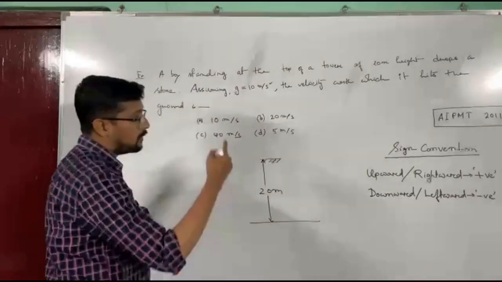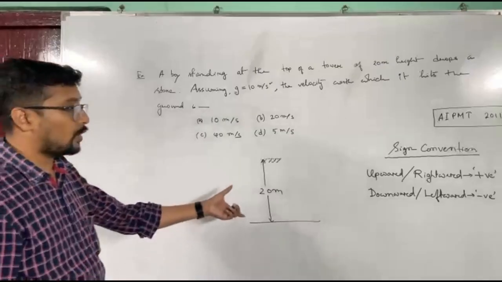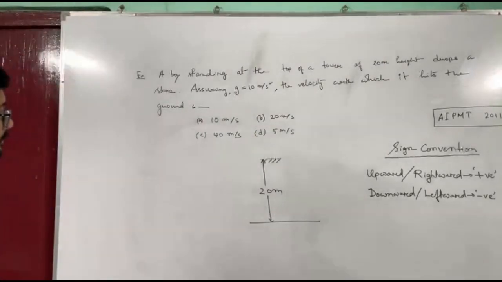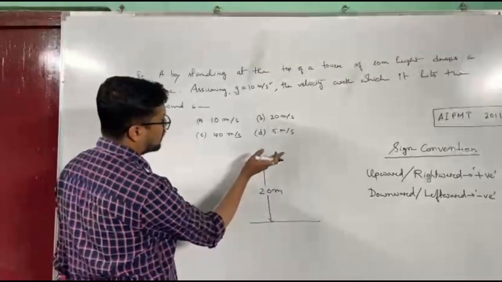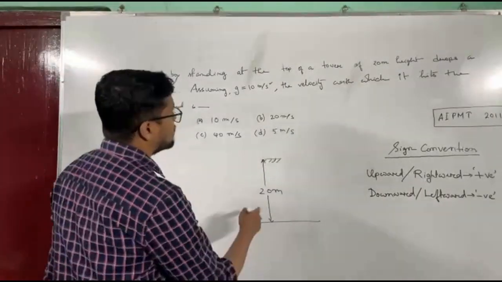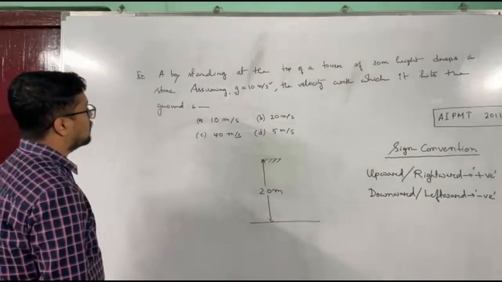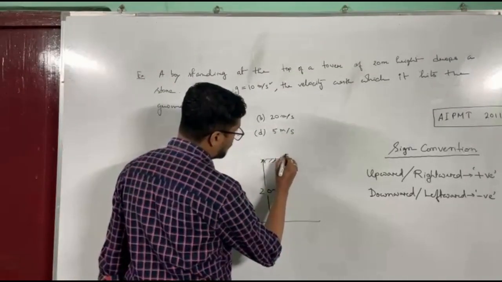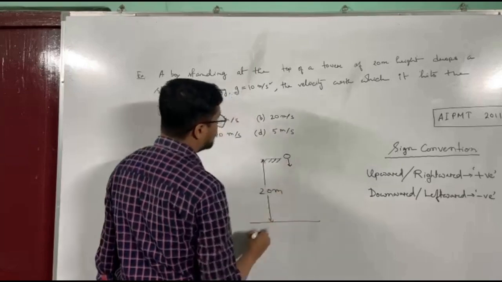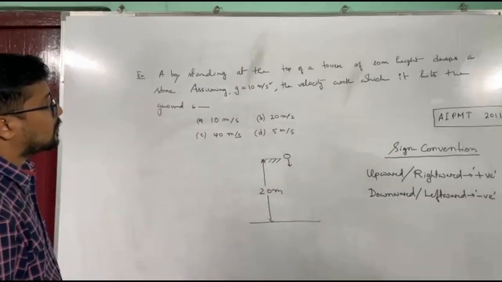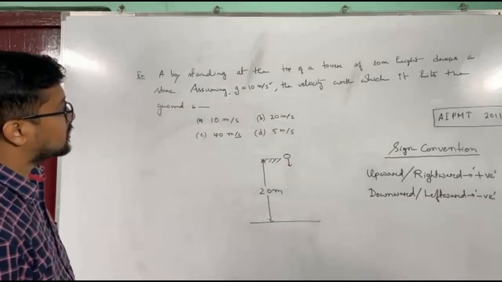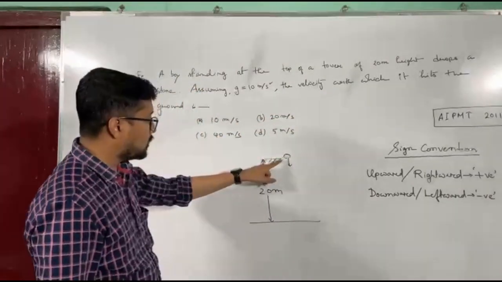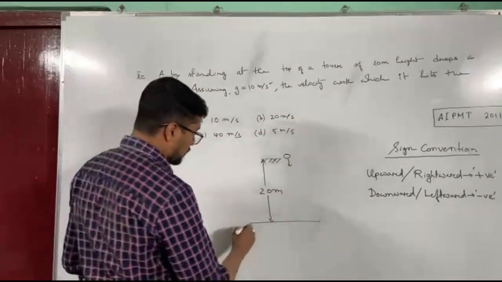When we solve problems from this topic, we should always draw a schematic diagram based on the given information. So this is the top of the tower, which is at a height of 20 meter from the ground, and from this height a stone is dropped. The question is asking, what is the velocity with which this stone is going to strike the ground?